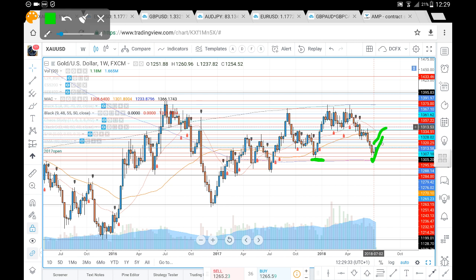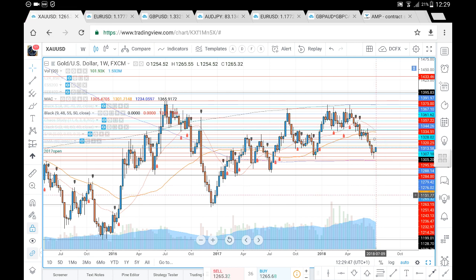So we'll see whether we can see prices head up towards possibly that 1284, or whether we'll see a bit of a breakdown, another test of the 1236, and a further breakdown in prices, possibly down towards that 200 period moving average here, sitting in around 1234, slightly below the 1236 and 1238. So in around 1234, we've got the added confluence of a 200 period moving average here on this weekly chart, which we could potentially find support from.